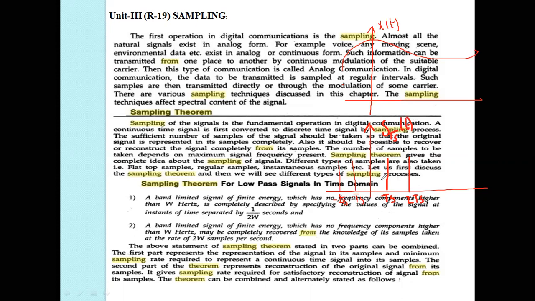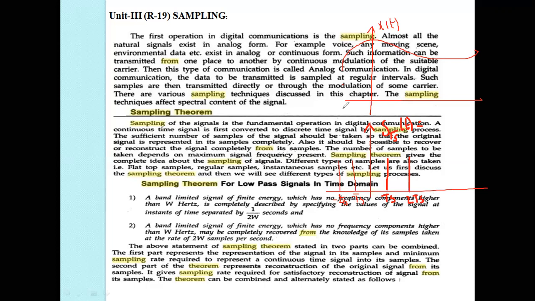The x of t signal is sampled with the sum of all the impulse functions, at regular intervals. Such samples are transmitted directly or through modulation of some carrier.